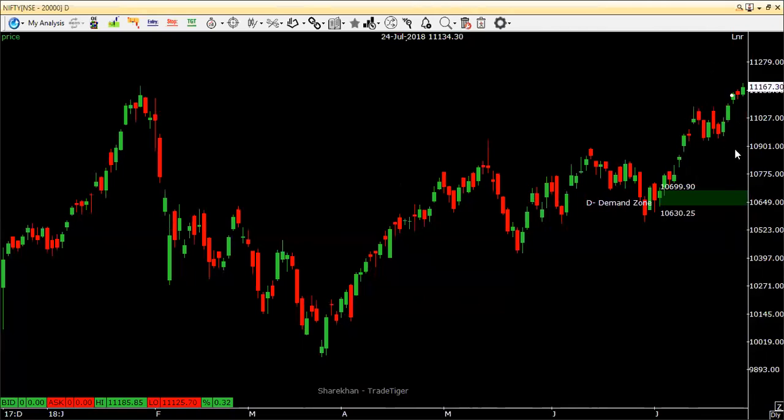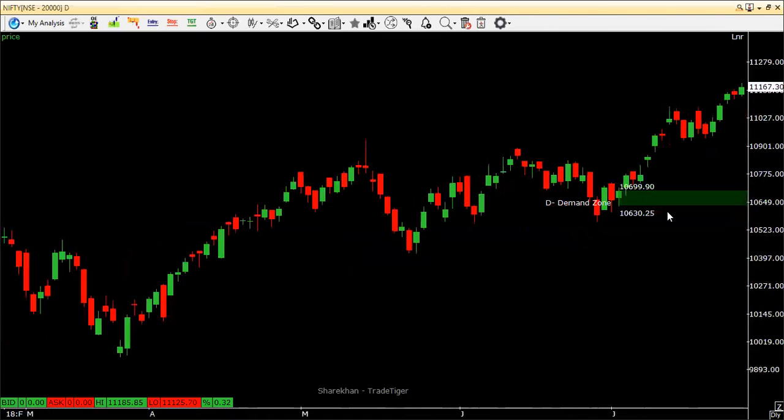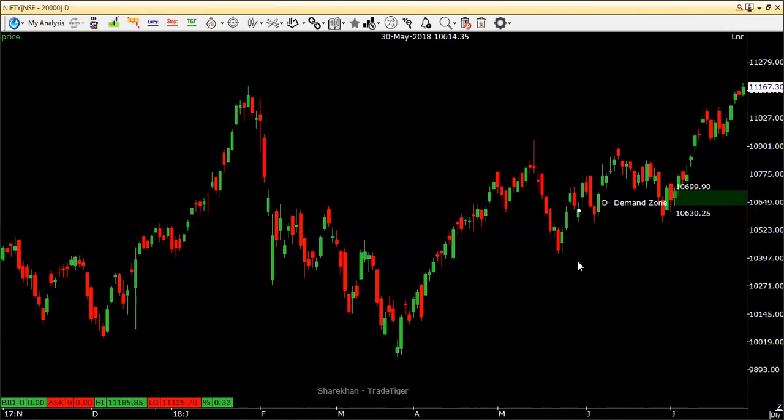Nor would I want to go long because there is no good area of demand right till here. So the only place I will consider taking long positions is right here, or if I see any new areas of demand being formed. So it's a no trade zone for me in Nifty, but I get a lot of opportunities in stocks.